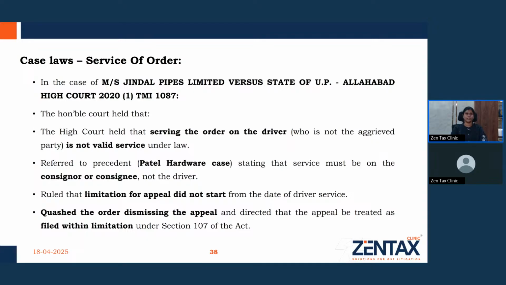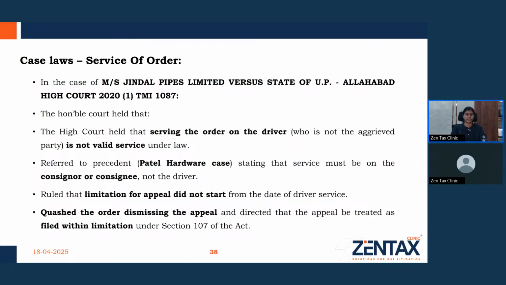In this case, the Honorable High Court has said that serving the order on the driver, who is not an aggrieved party, is not a valid service under the law. They have also referred to another case law where the service of such notice should be done to the consignor or consignee, not to the driver.